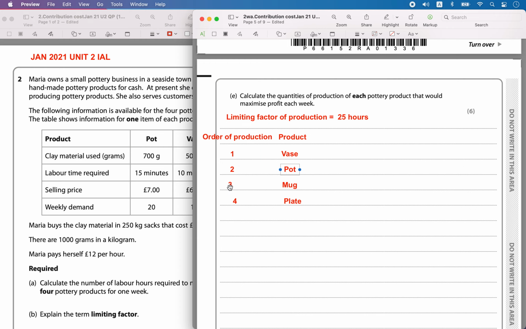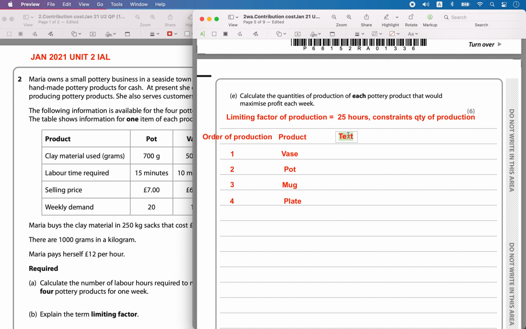Based on that we will have to reduce the quantity of output. It constrains the quantity of production.